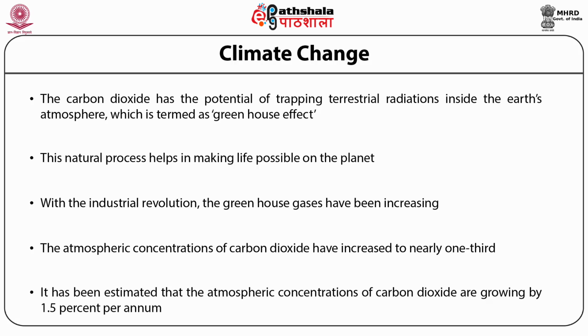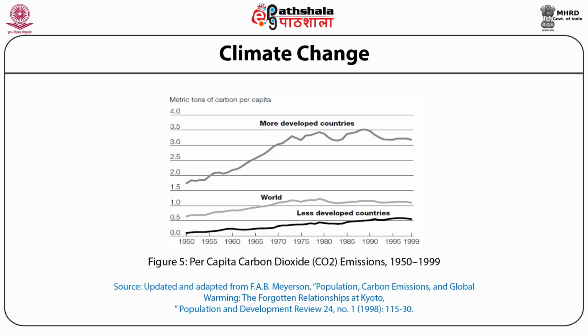It has been estimated that the atmospheric concentrations of carbon dioxide are growing by 1.5% per annum. In the recent past, the carbon emission levels have come down. This is attributed to slowing population growth, which has slowed the increases in the total emissions of greenhouse gases.